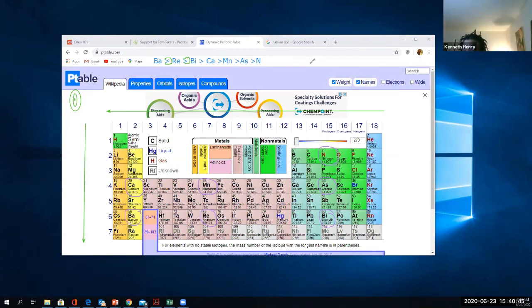So you're saying bismuth is larger than calcium, or I'm sorry, bismuth is larger than Mn? Yeah, bismuth is larger than calcium and Mn. Well, why is that if it increases from right to left?